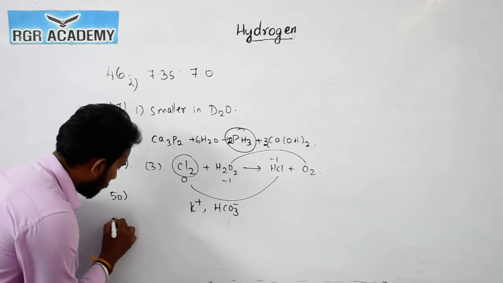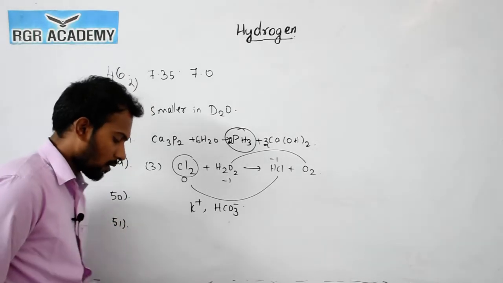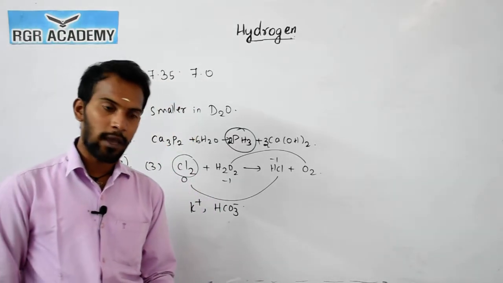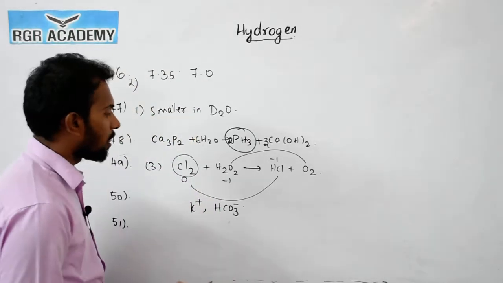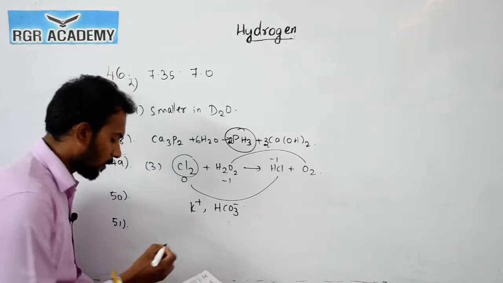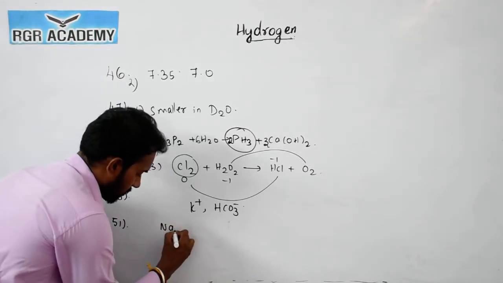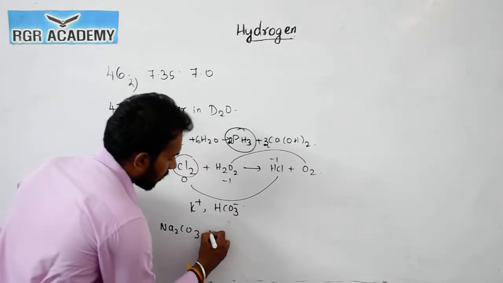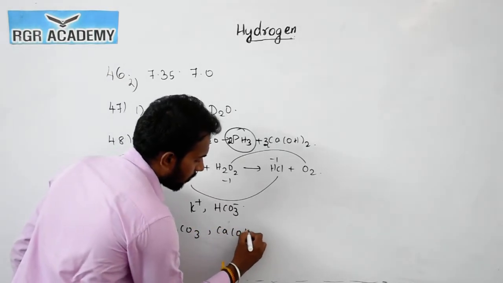Now question number 51. The permanent hardness of magnesium 2 plus is best removed how? When you add a carbonate, for example sodium carbonate and calcium hydroxide, the permanent hardness can be removed.